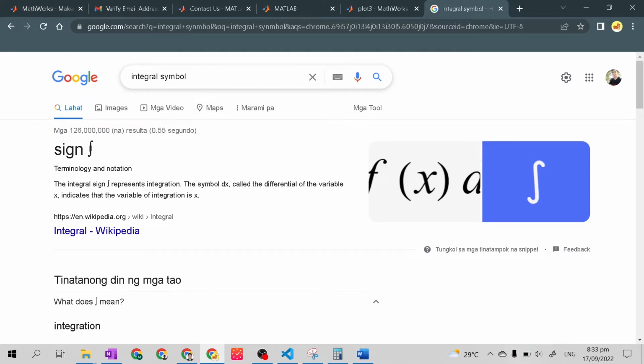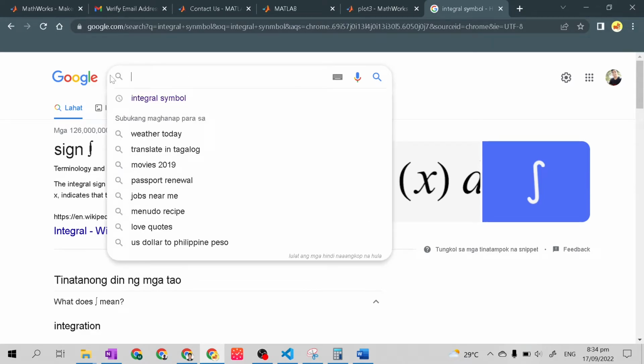Other examples of symbolic mathematics are fractions, radicals, imaginary numbers, exponents, and summations. Any math you can think of that uses symbols is called symbolic math.